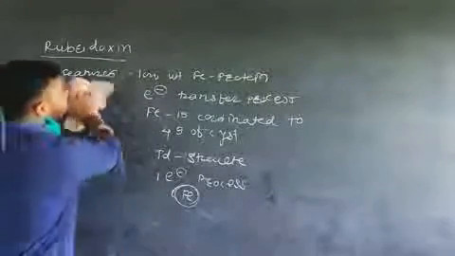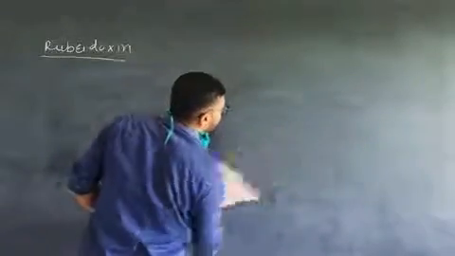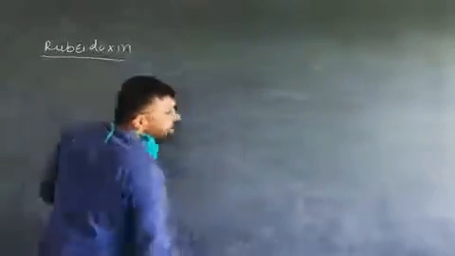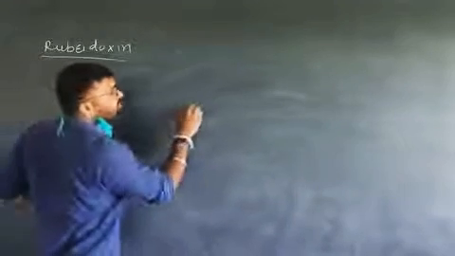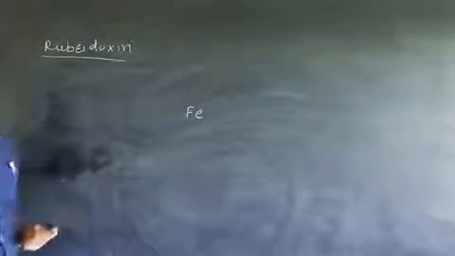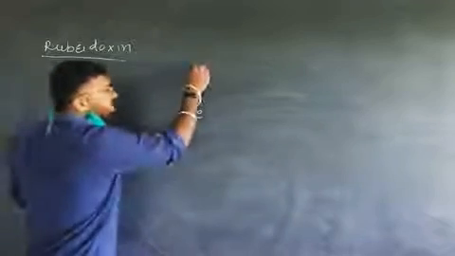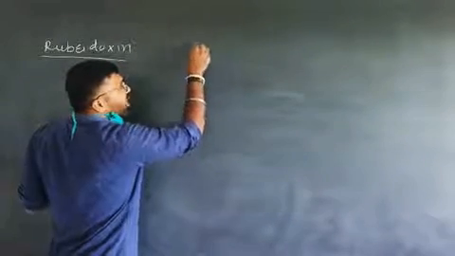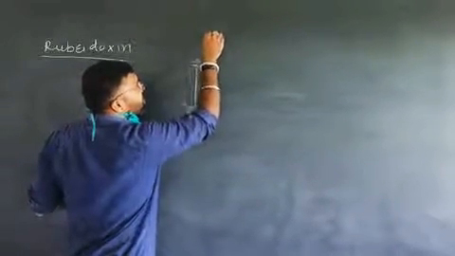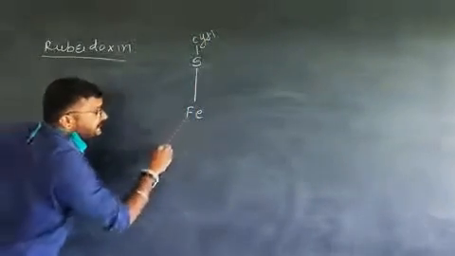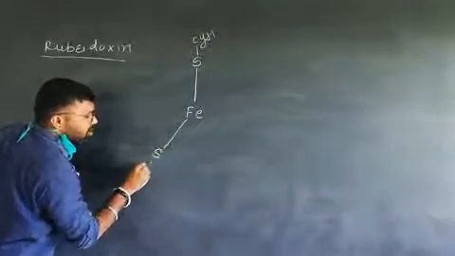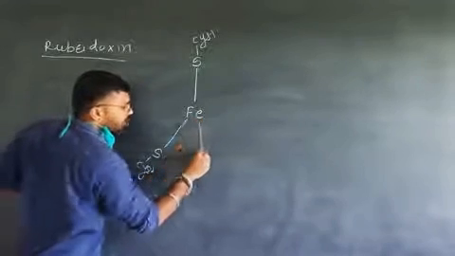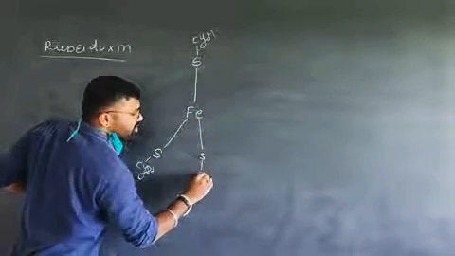If you see the structure of rubredoxin, as I already told you, it has a tetrahedral structure, therefore Fe is present in the center. This Fe is linked or coordinated with the sulfurs of cysteine units tetrahedrally.